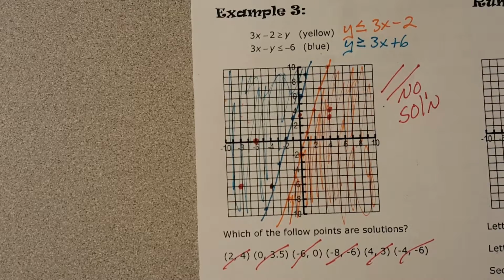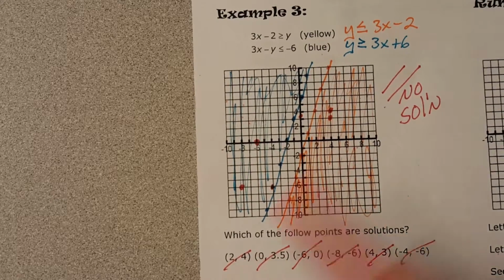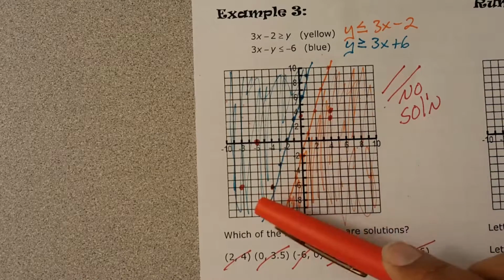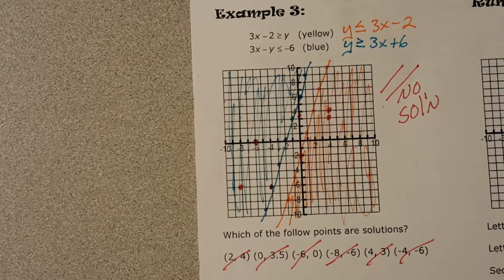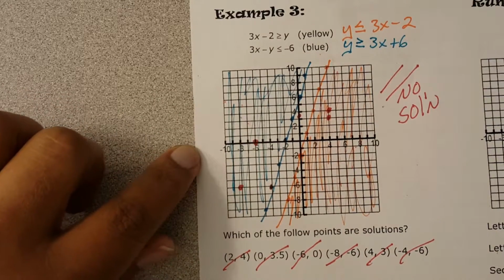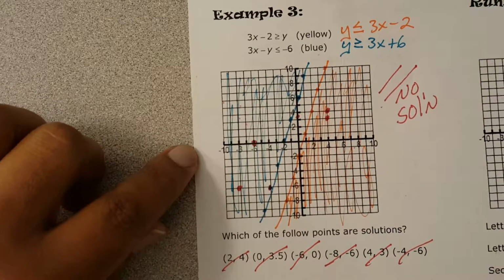Because the two inequalities will never have a double shaded area, there is no solution. When I plotted each point, notice none of them sit in a double shaded area. This is a special case, ladies and gentlemen. Please take note of it.